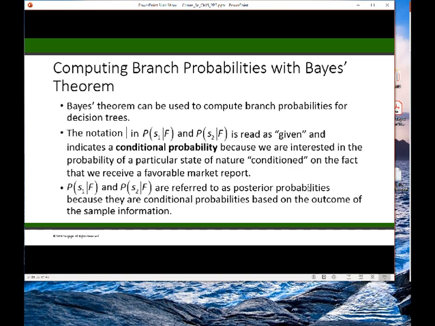So this indicates a conditional probability because we're interested in a particular state of nature. And we're going to condition it on some additional information, a favorable report. So this probability of a strong demand given a favorable report and the probability of a weak demand given a favorable report are posterior probabilities because they're conditional probabilities based on the outcome of the sample information.